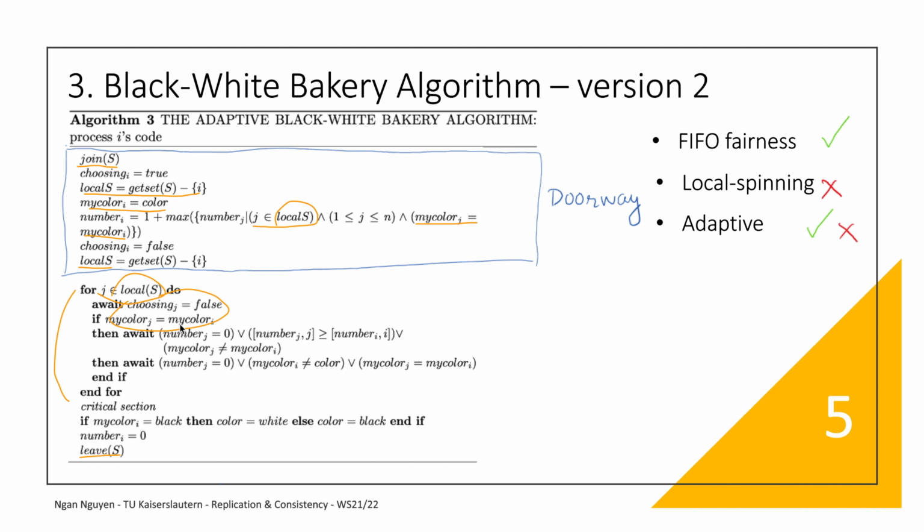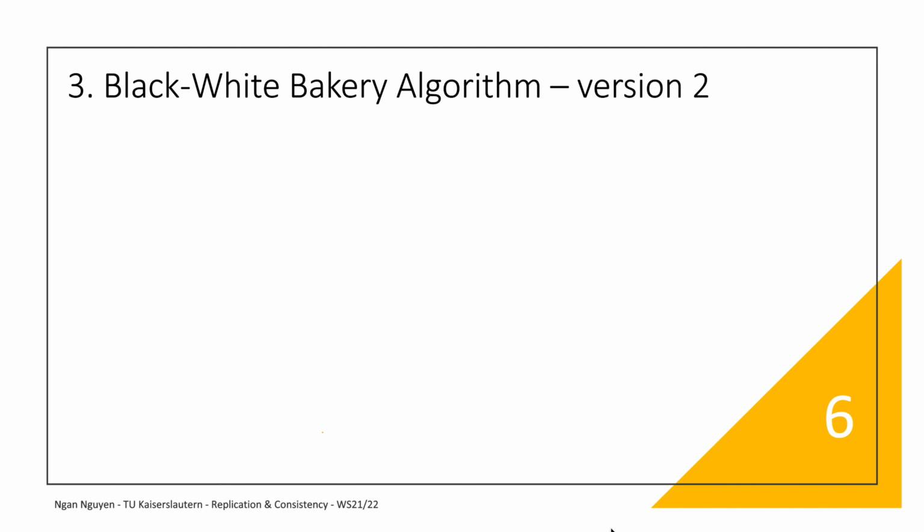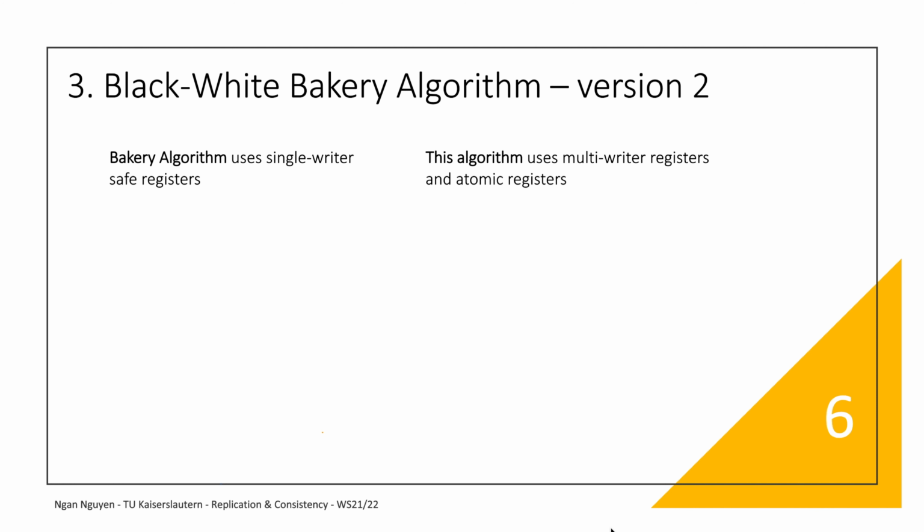However, it is not adaptive if we use distributed shared memory, because for the distributed shared memory model, any spinning here is considered a remote access no matter which value is returned, and it's also bounded. Note that in the bakery algorithm we use single-writer registers, but in this algorithm we use multi-writer registers and atomic registers.